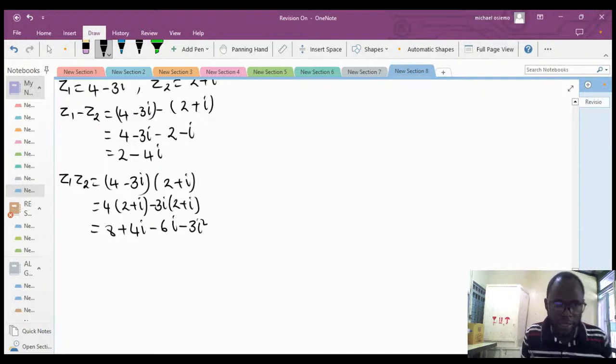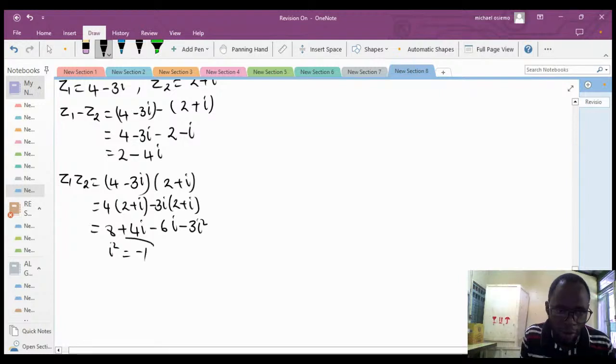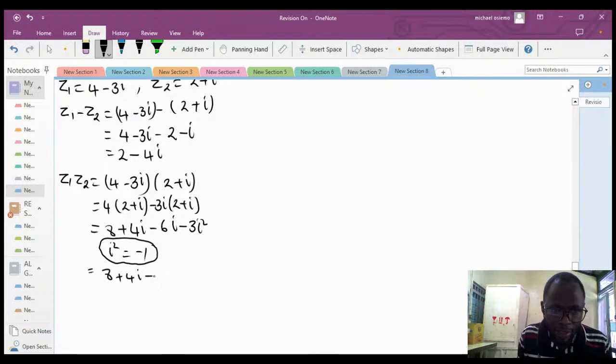3i squared. So from there, we know that i squared is equal to negative 1. We already explained in the previous example. So we're going to have this as equal to 8 plus 4i minus 6i, then we have minus, it will be plus 3.